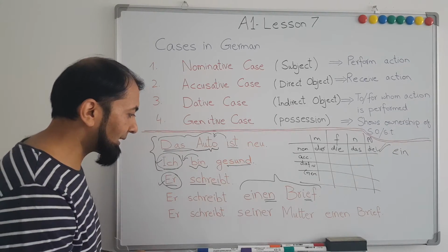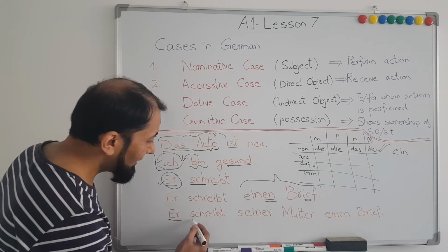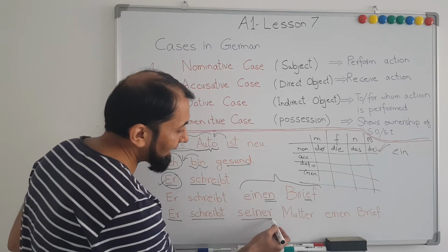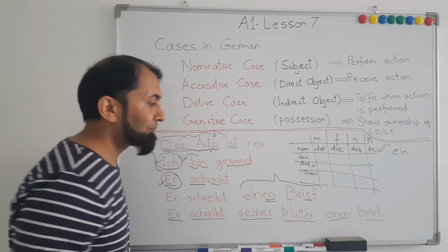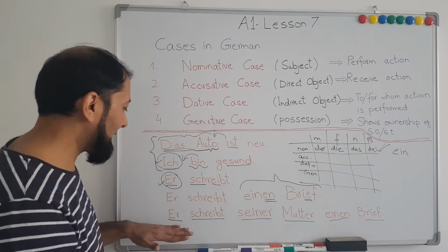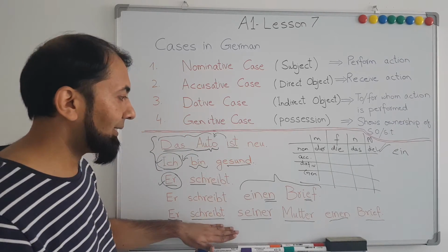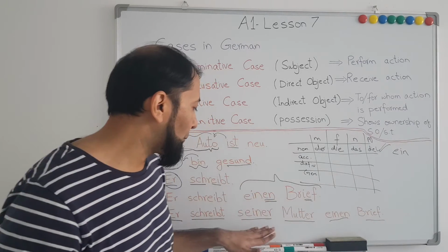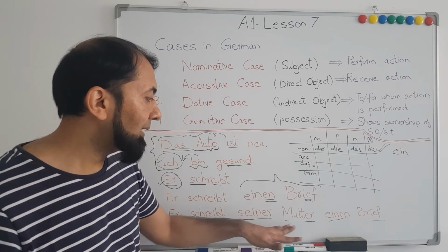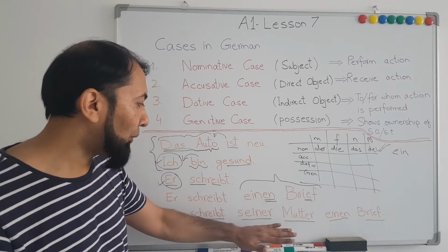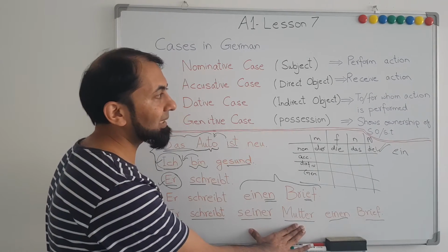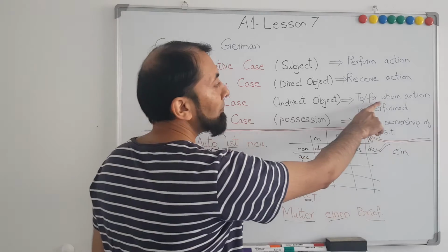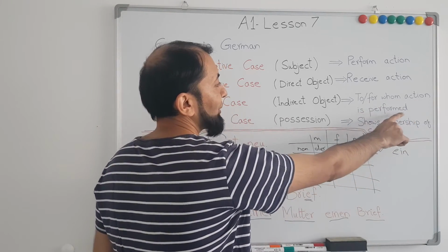Next sentence we have "schreibt seiner Mutter einen Brief." So now it is he writes a letter to his mother. Now we have another part of the sentence for whom we are performing the action.